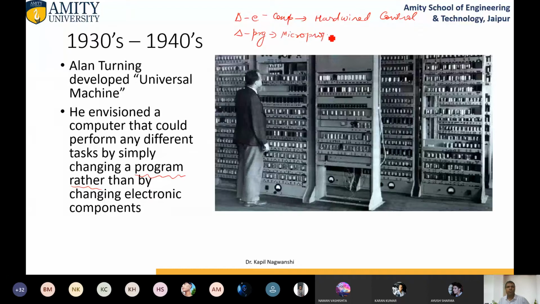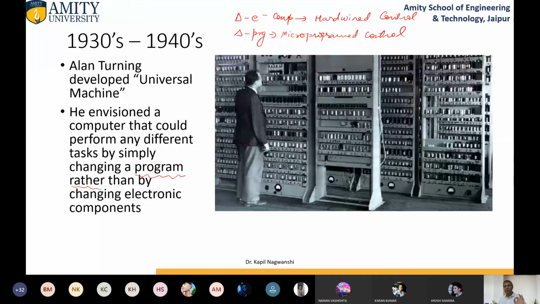Because you are all computer science students, I have written this terminology here, but you cannot find it in your computer fundamentals book. You need to remember these terms when you are in semester 3 or 4 with the subject CSAO, that is Computer System Architecture and Organization.